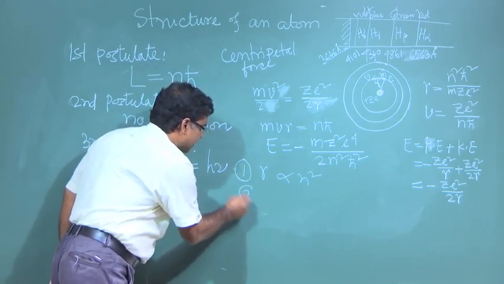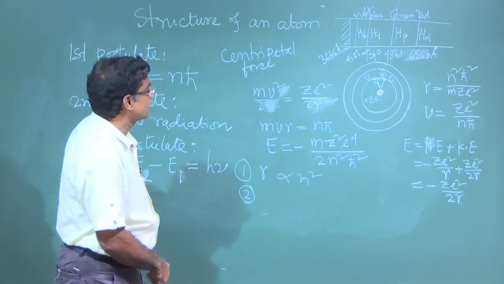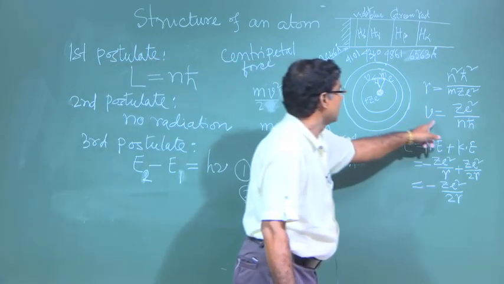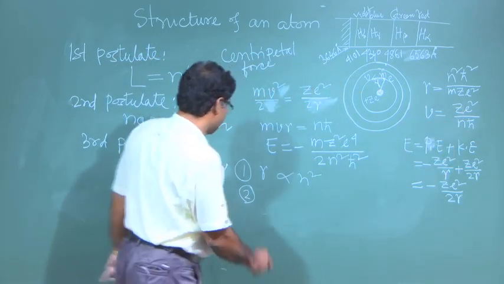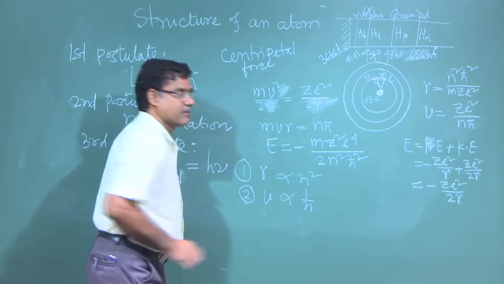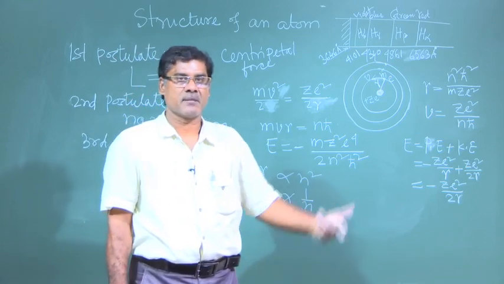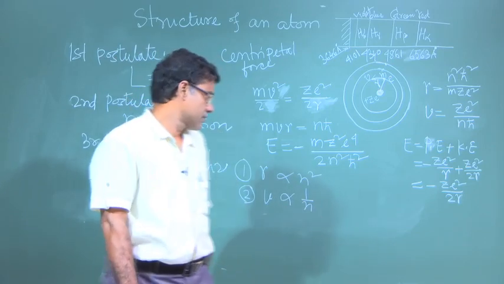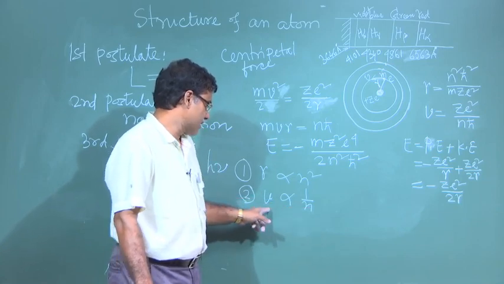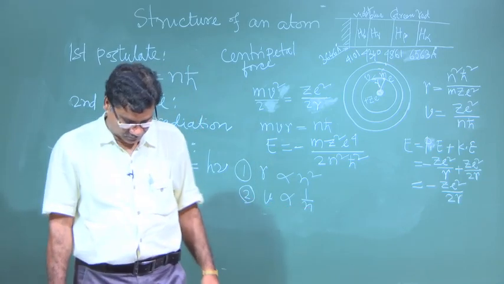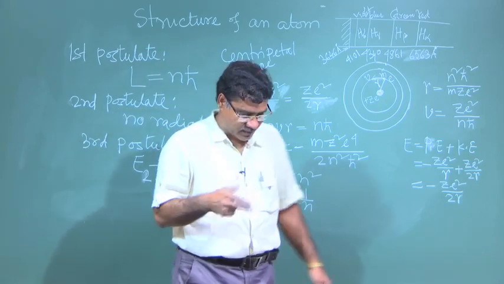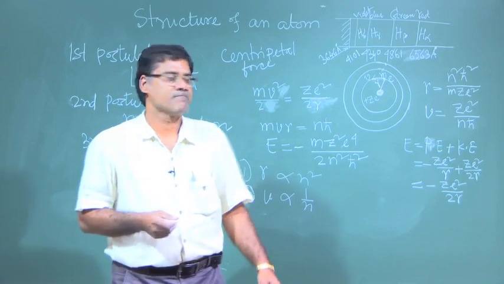Second is velocity. Velocity is basically inversely proportional to orbit number. First orbit, whatever the velocity, second orbit velocity will decrease, third orbit velocity will decrease. Okay.